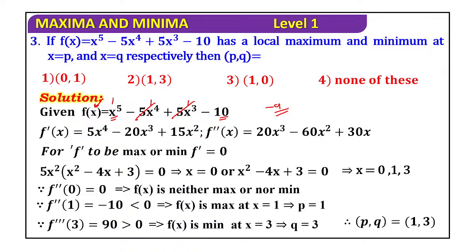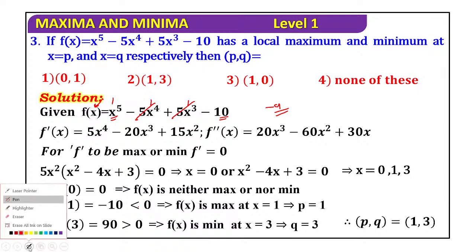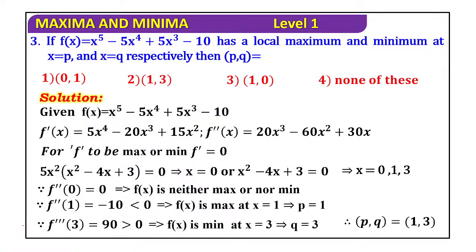Here, you can just see that local maximum exists at x equal to 1 and local minimum exists at x equal to 3. So if the video is not clear, you just close the app and open it again, so it will be very much clear.